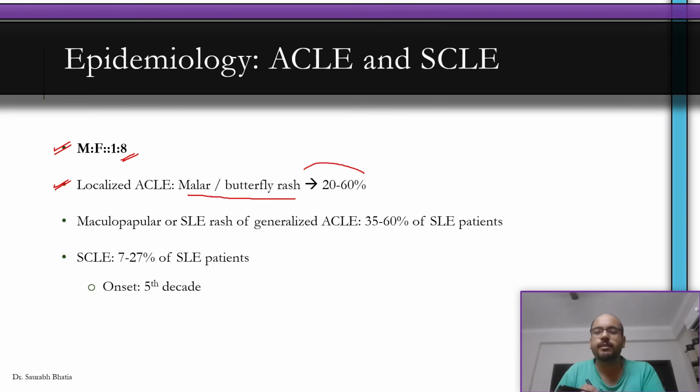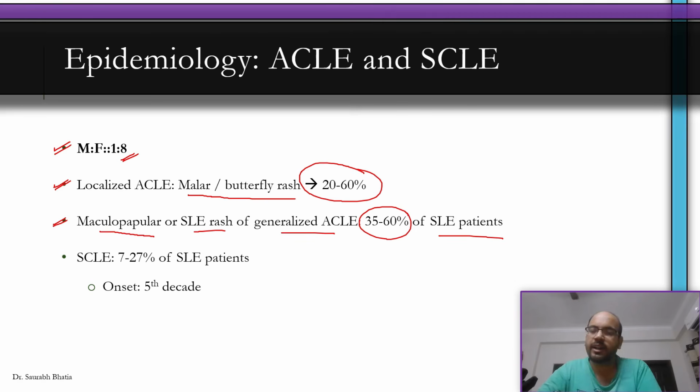We have localized acute cutaneous LE, which is exemplified by the malar or butterfly rash, and it starts in about 20 to 60% of patients. That means about 20 to 60% of patients will develop the malar or butterfly rash as the first or presenting symptom. If it becomes generalized, it presents as a maculopapular eruption, the SLE rash of generalized ACLE, and that is seen in about 35 to 60% of SLE patients. So we have two types of ACLE, localized and generalized.